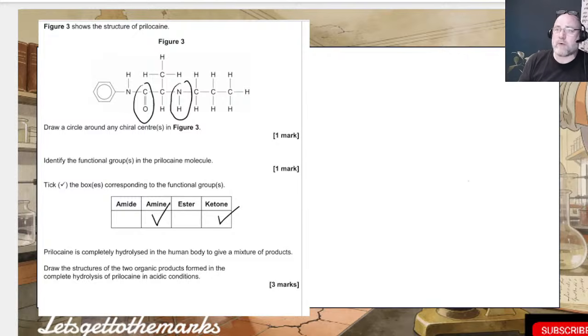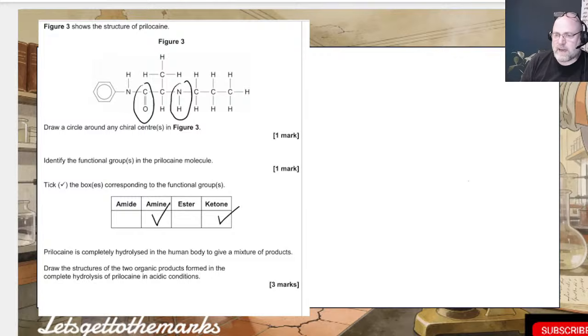So we want organic structures formed under acidic conditions. I'm going to do the acid hydrolysis. With acid hydrolysis, hydrolysis is going to happen wherever you have a carboxyl group or an amine group. You can potentially have hydrolysis.